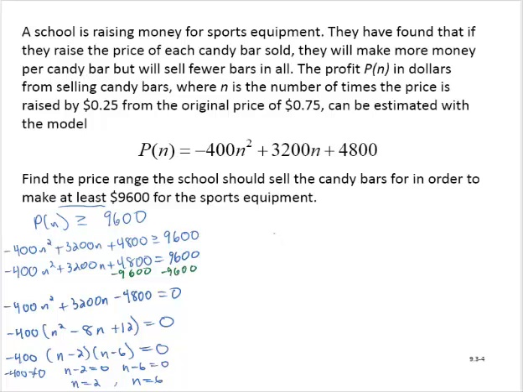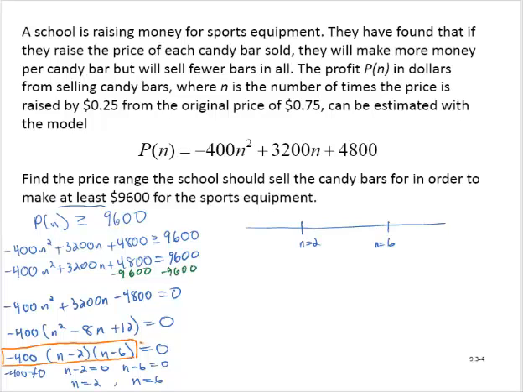So let me set up my number line with n equal to 2 and n equal to 6. And let's test the three regions. Now I'm going to test into this form where now it's equal to 0. So that's equivalent.